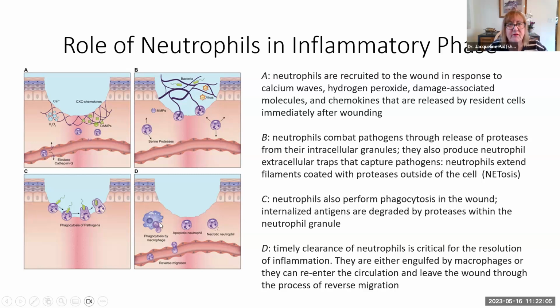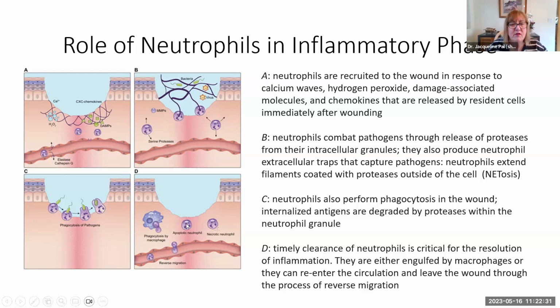And we are transitioning from the early phase to the later phase. And one thing that the macrophages from monocytes are going to do is they are going to be doing phagocytosis of neutrophils, which are still hanging around. And this is crucial for the resolution, for the stopping of the inflammatory phase.